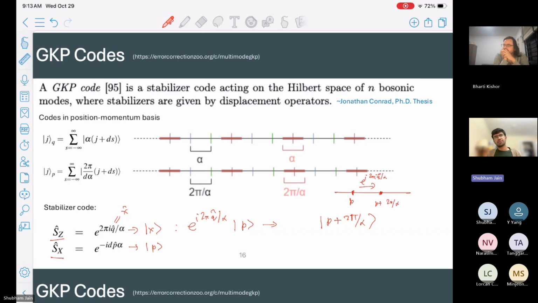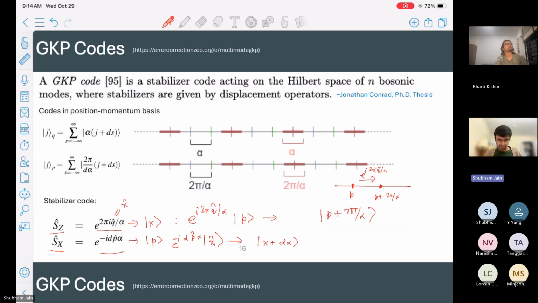So these two operators are displacements in the phase space. And this acts in a similar way for the position states: x plus d alpha.